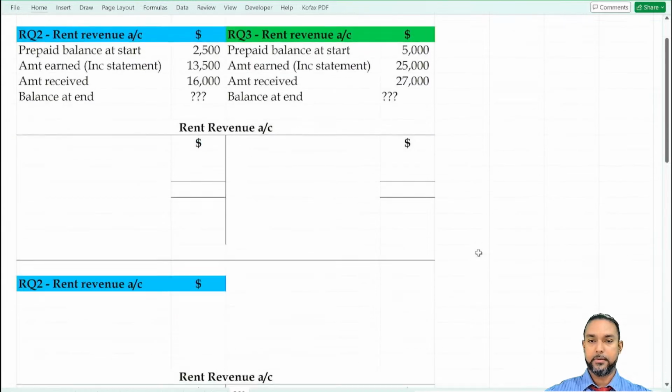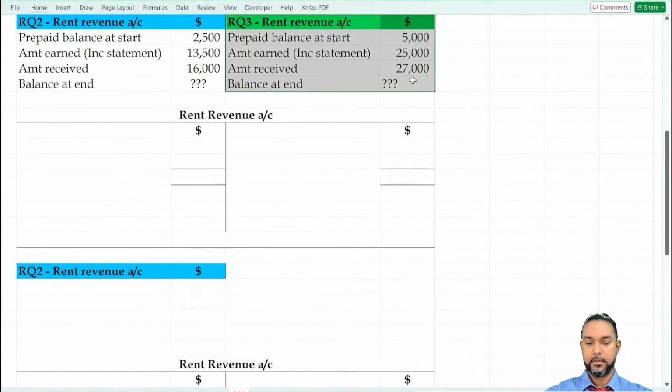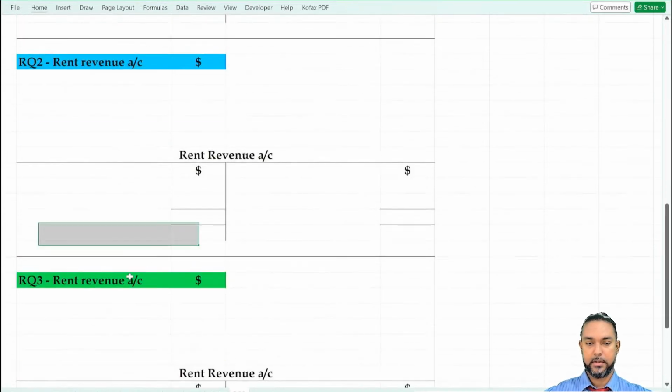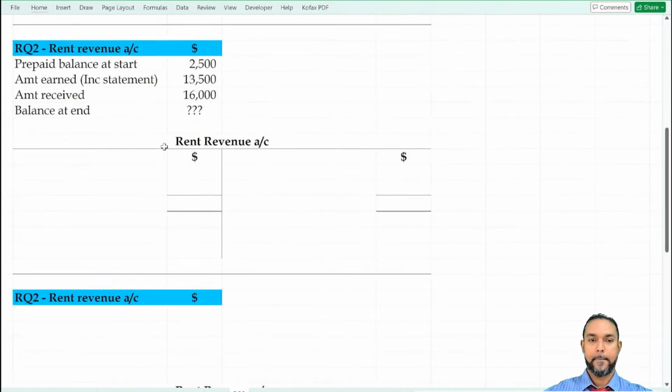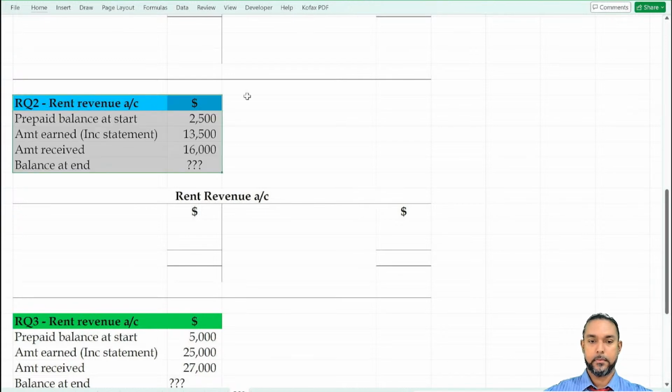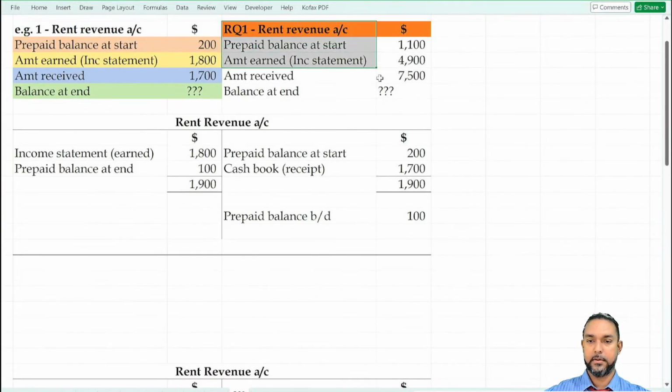So what I'm going to do is cut and paste that here. Cut and paste this one as well, and this one too. Oh crap.